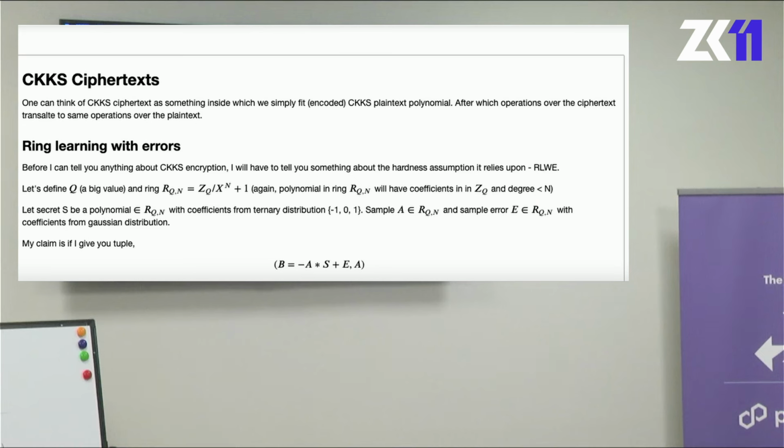Now this is R_Q,N. The hardness assumption is that I sample A randomly from R_Q,N, and we sample S from R_Q,N with the caveat that the coefficients of S are from the ternary distribution. What is the ternary distribution? It's from this particular set.